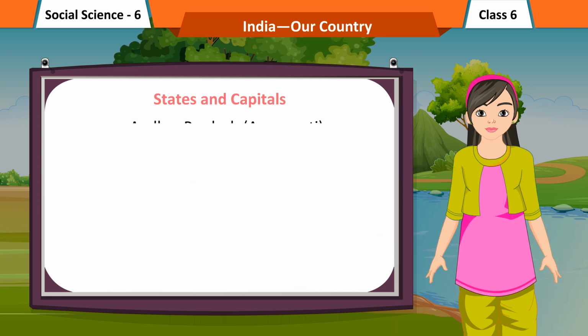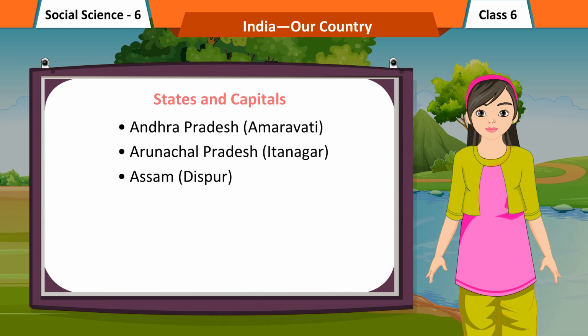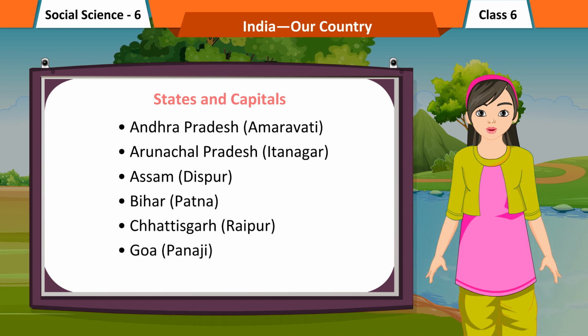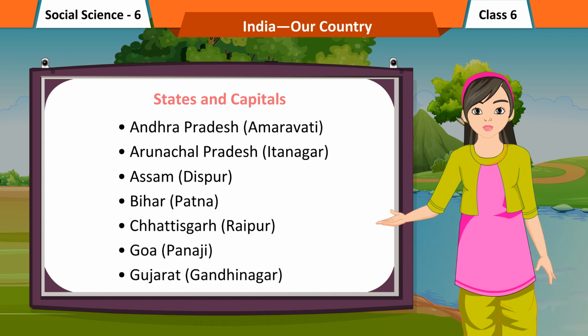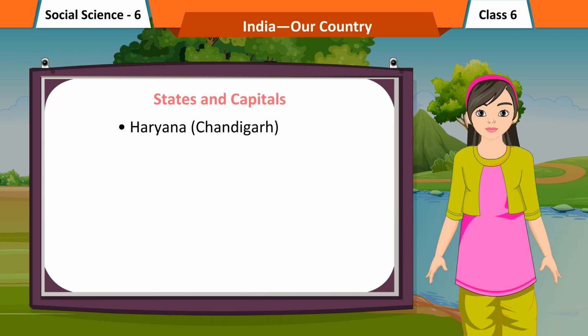States and capitals. Andhra Pradesh, Amravati. Arunachal Pradesh, Itanagar. Assam, Dispur. Bihar, Patna. Chhattisgarh, Raipur. Goa, Panaji. Gujarat, Gandhinagar. Haryana, Chandigarh.